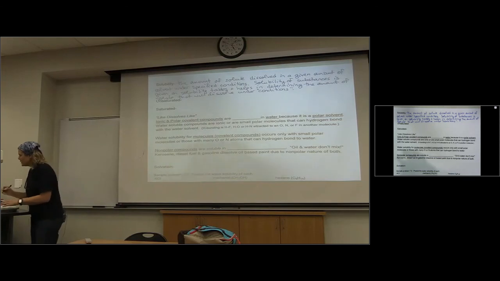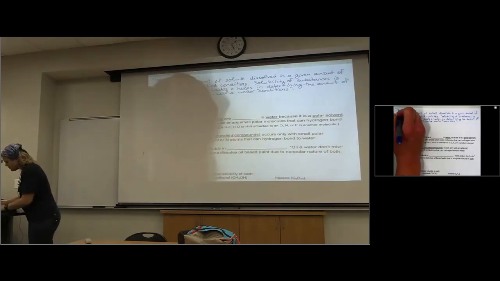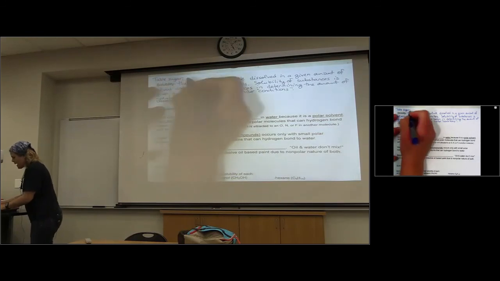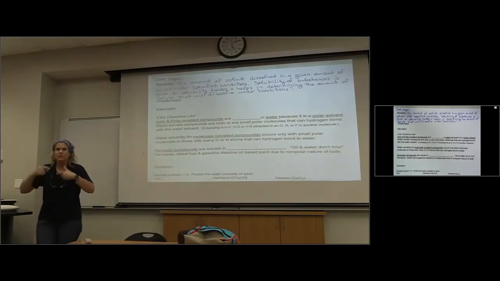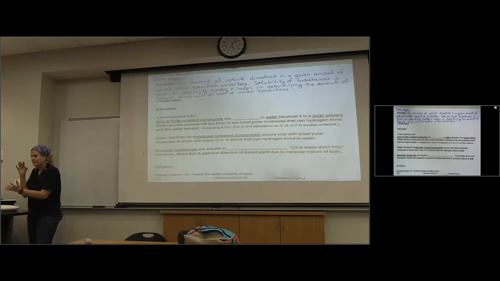I think the best way to explain it is to look at an example. Table sugar, which is sucrose, okay? I'm going to give you the solubility of table sugar. And if you look at what I've said, solubility is the amount of solute that's dissolved in a given amount of solvent under certain conditions.